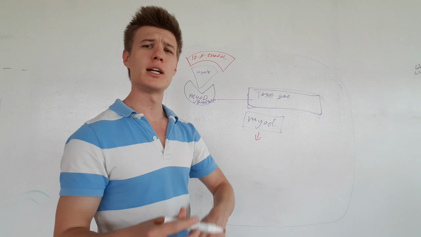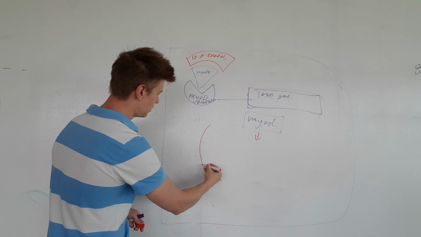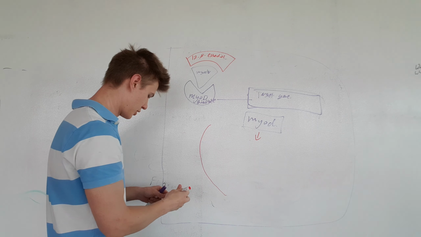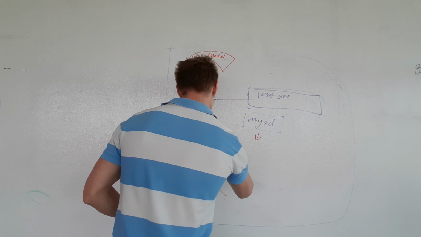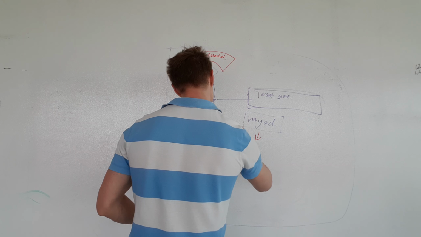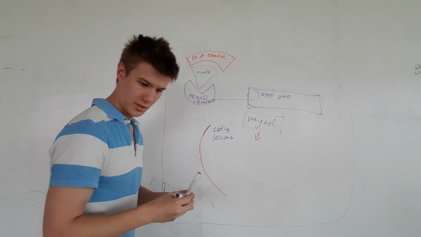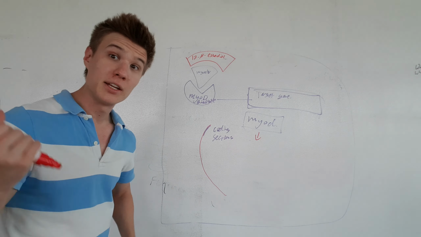So let's look at it from a genome perspective. So, you have your genome. This red line is the genome, right? Within the genome, there are coding sections, and there are binding sections.